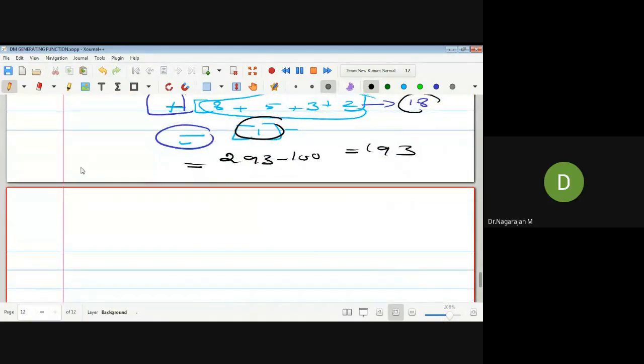Therefore, this is the value of A union B union C union D. This is called divisible of A, B, C or D. But in the question, it is not divisible. Not divisible means you want to take the complement. Therefore, what is the De Morgan law?